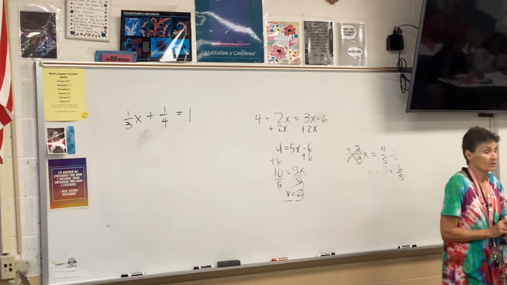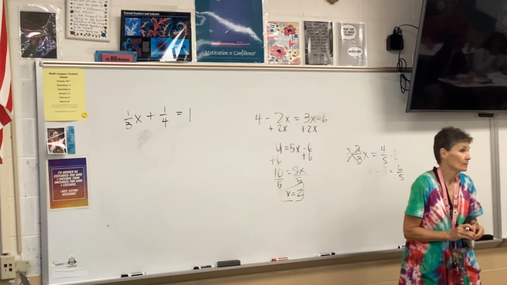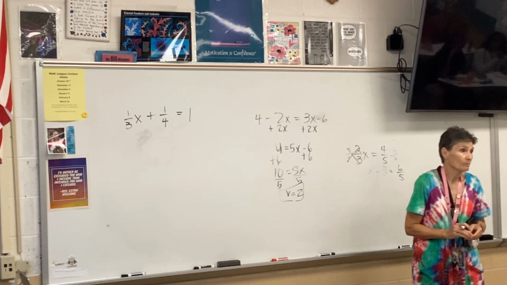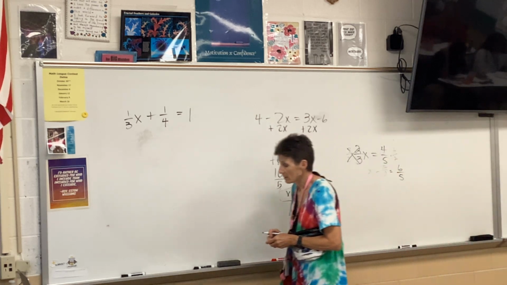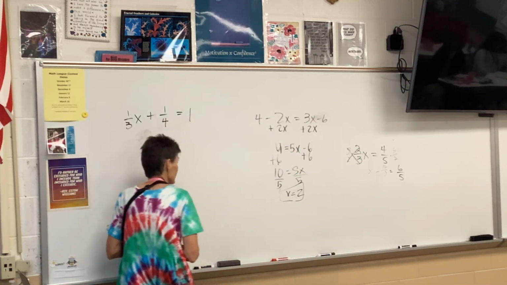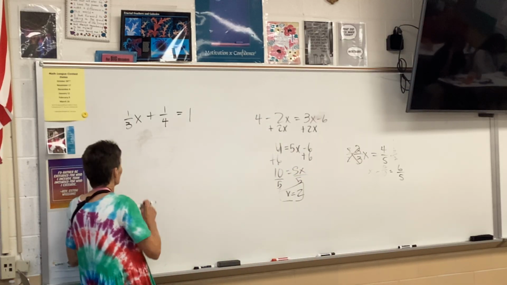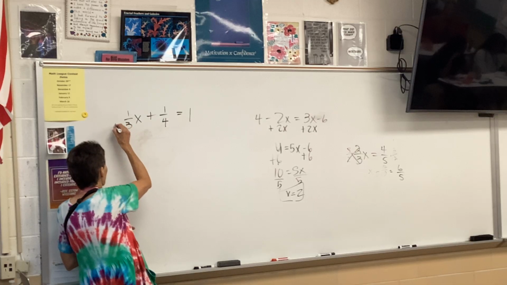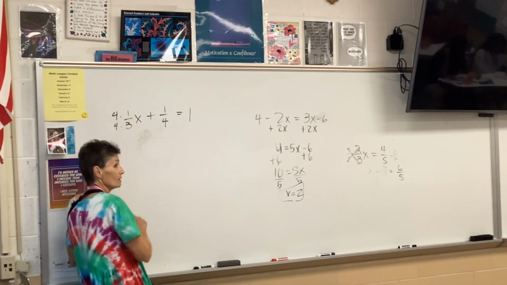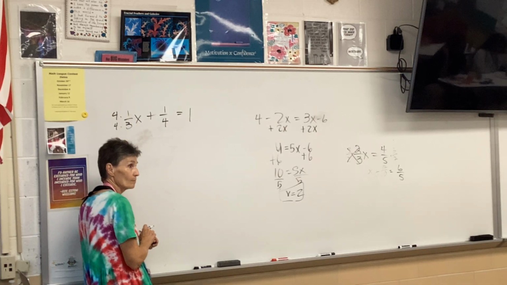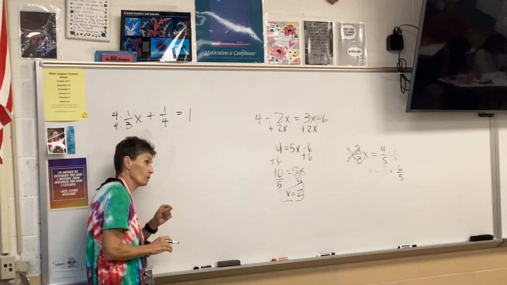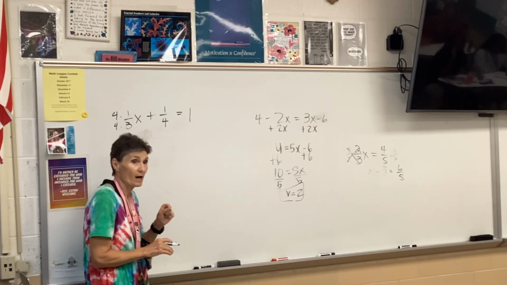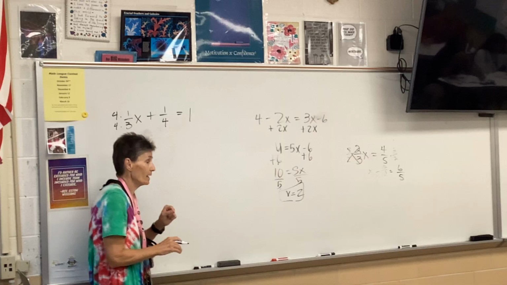So what is the common denominator? 12. So we are gonna make all of our fractions over 12. So this guy has to be times by 4. Now, guys, if you're gonna multiply the bottom, you gotta multiply the top. We're good on that? Okay.